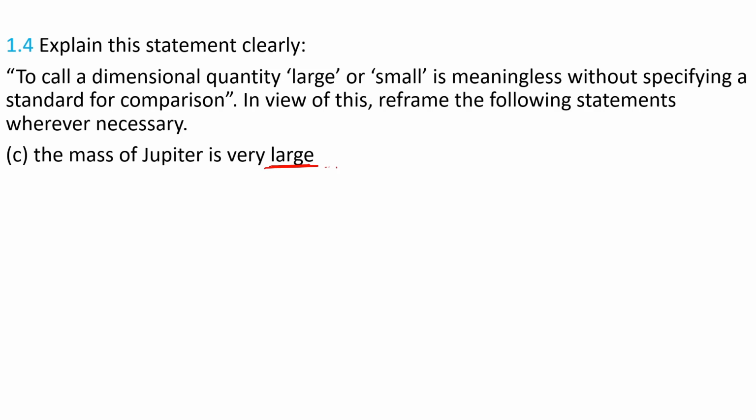We can compare the mass of a planet as large with respect to any household object or any other thing, because the mass of a planet is humongous compared to maybe ourselves or any smaller planet, but it can't be said without any reference how large the mass of Jupiter is. So let's say that the mass of Jupiter is very large as compared to that of a cricket ball.